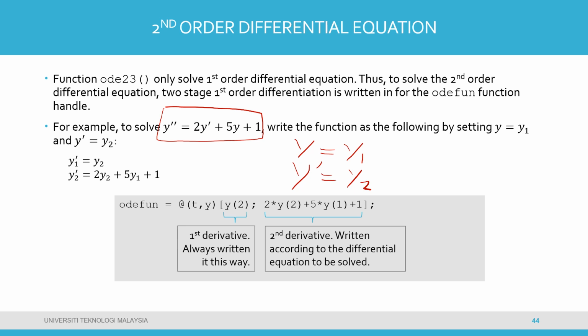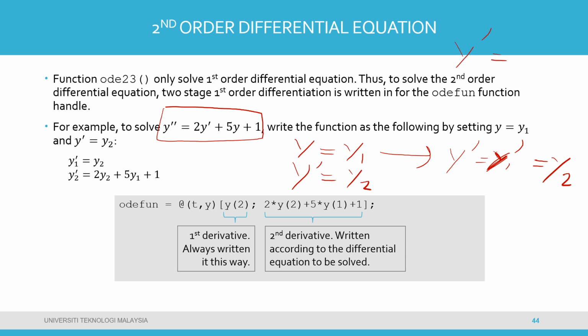Then based on this logic, what is y bar? y bar is y1 bar, which is basically y2. Remember that the function can only receive first order.